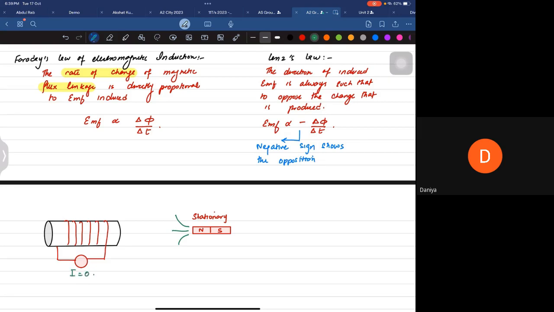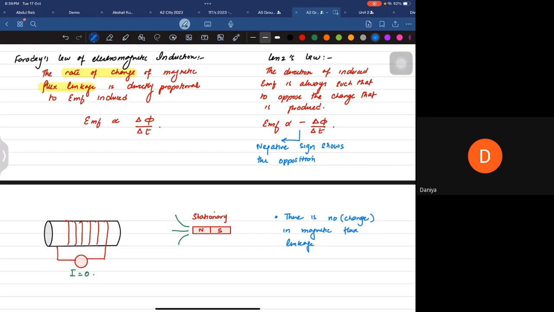It doesn't really matter if there's a flux or not. The important part is that the current is zero because there is no change in magnetic flux linkage. So it's just staying constant at zero or maybe a little bit. Is that clear, everyone?